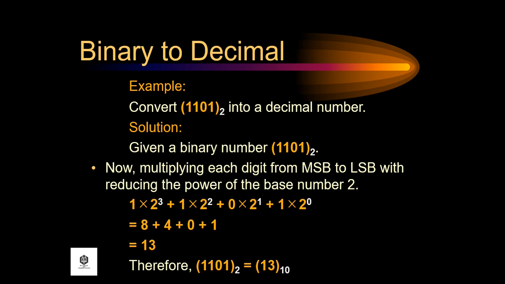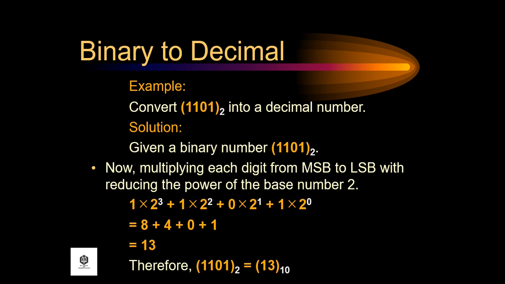The given will be 1101 binary, to be converted into a decimal number. For the solution, given the binary number 1101, we multiply each digit from MSB to LSB with reducing power of the base number 2. So 1 times 2 to the third power plus 1 times 2 to the second power plus 0 times 2 to the first power plus 1 times 2 to the 0 power.